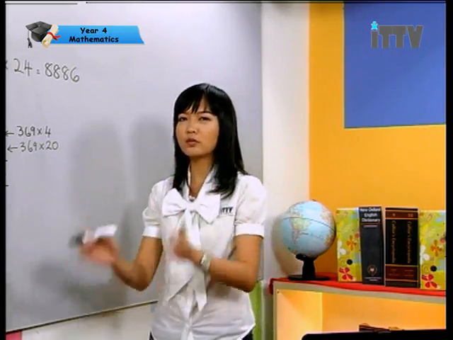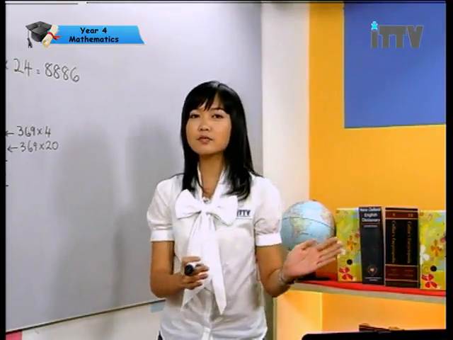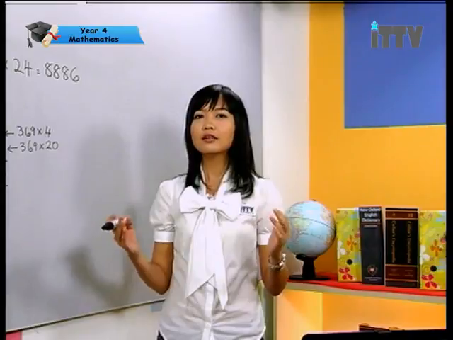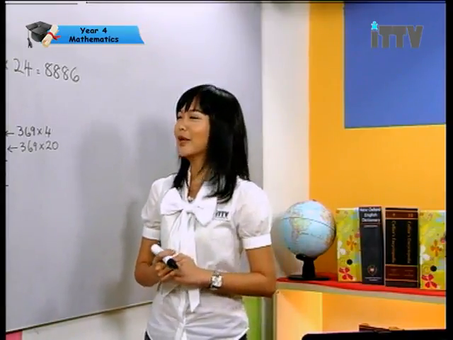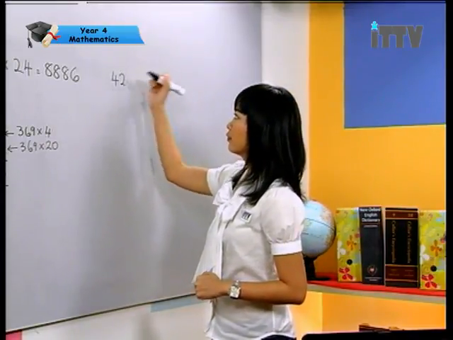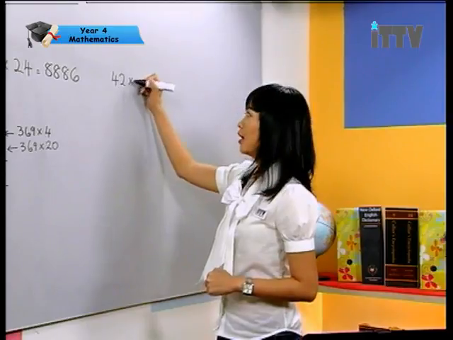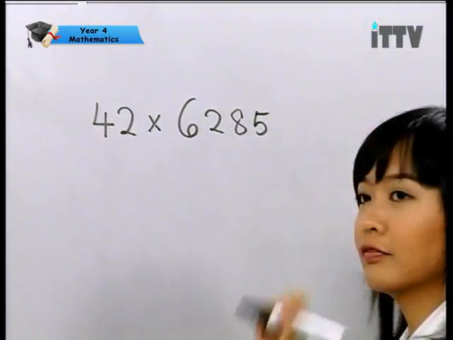That would be 42 plus 42 plus 42 plus 42 for 6,000 over times. So, we can simplify the calculation by using multiplication. Okay? So, we take 42 multiplied by 6,285.